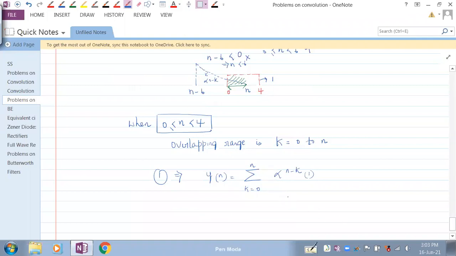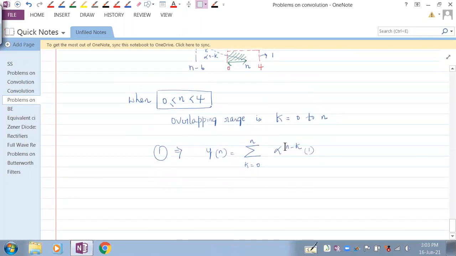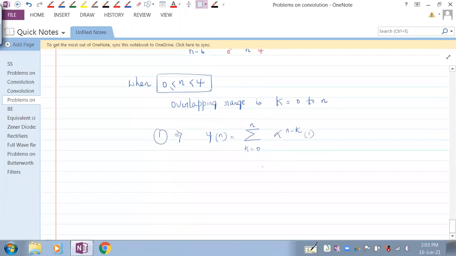Now this can be split into two parts. Alpha minus k is there, right? So that can be split into two parts. This is 0 to n alpha power n, 1 by alpha to the power k. Why is it 1 by alpha to the power k? Because alpha to the power minus k is what we can write here. So instead of writing alpha to the power minus k, we're writing 1 by alpha to the power k.